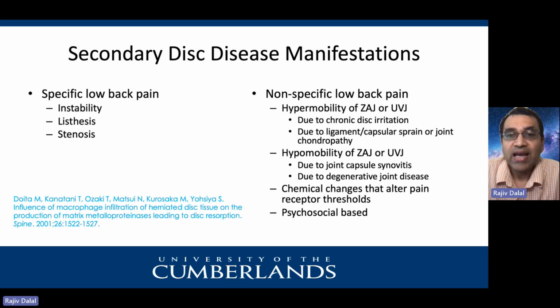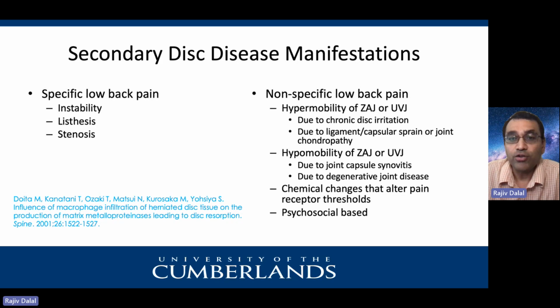Non-specific low back pain has to deal with changes in movement pattern of, in the case of the lumbar spine and thoracic spine, the zygapophyseal joints. And when we discuss the cervical spine, you'll see it's zygapophyseal joints and the UVJ, which will be the uncovertebral joints, which are unique to that region. So you could have a hypermobility, which is an excessive movement of one bone, one vertebrae relative to the next bone.